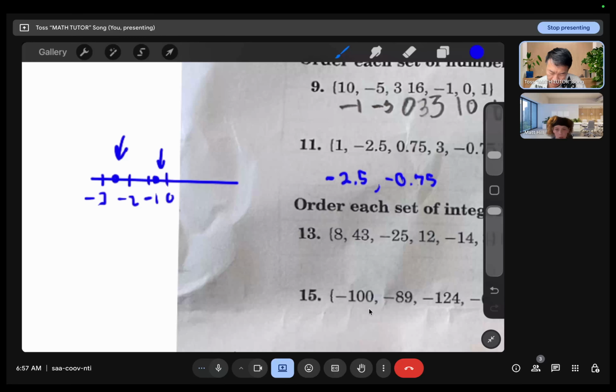So your teacher mentioned that the bigger the negative, the smaller it is. It sounds kind of weird, right? You don't talk that way.